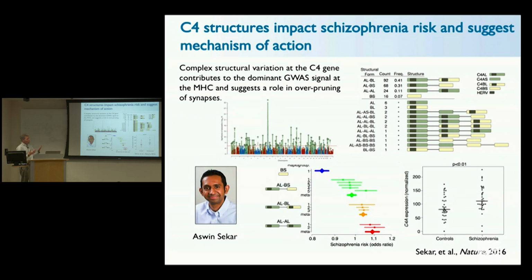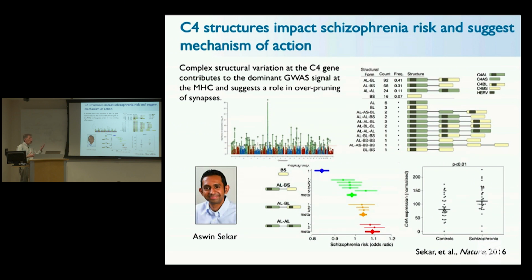There are also what we call long and short forms of C4, and these are distinguished by whether or not there's this large deletion that exists in intron 9 of C4. And so you've got these 4 different forms of C4. You can have a C4A that's long or short and a C4B that's long or short. And then the whole thing is copy number variable. People, at least the people I have looked at, have between 2 and 8 copies of C4.